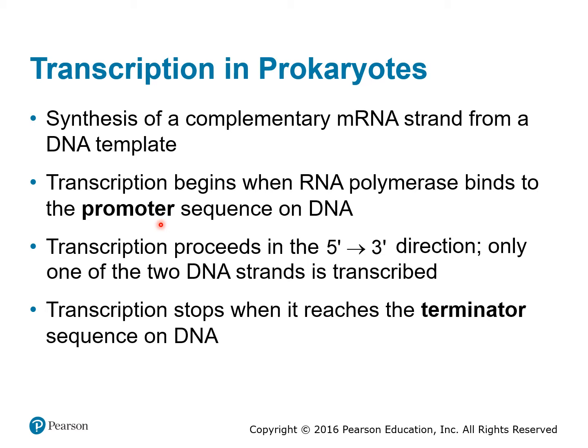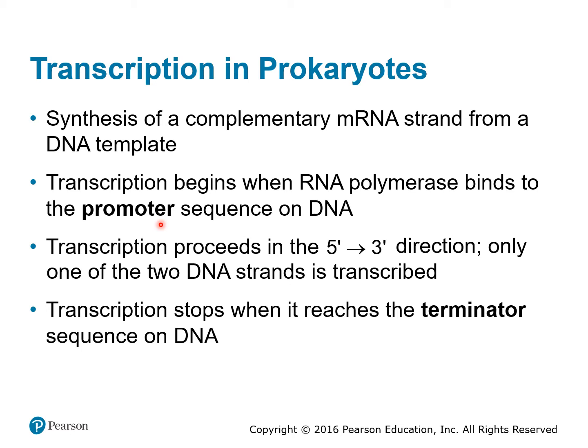If the RNA polymerase is not able to bind to that promoter sequence, then transcription is going to stop. And this is actually one way for transcription to be regulated within the prokaryotes: to prevent the RNA polymerase from binding to the promoter sequence and therefore stop transcription. And we're going to talk about a few examples.